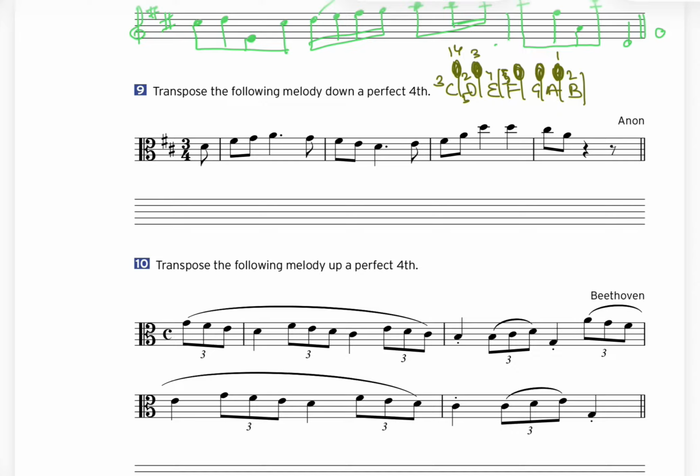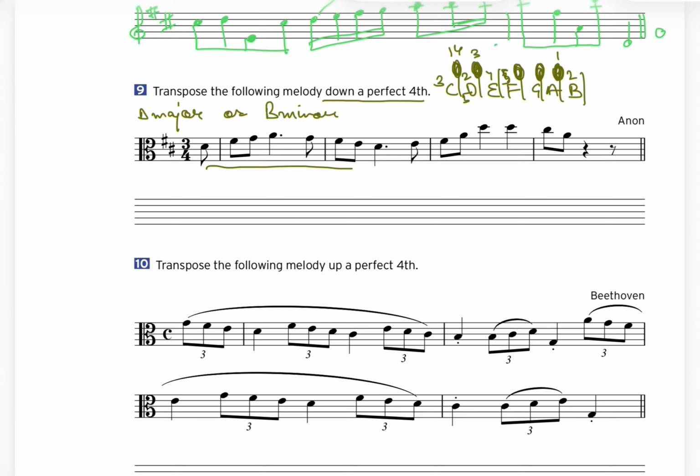So here we have to transpose the melody down a perfect fourth. Okay, so first we have to check the key. There are two sharps, so either it is D major or it is B minor. Now for a doubt of B minor, let's check if there's an accidental.